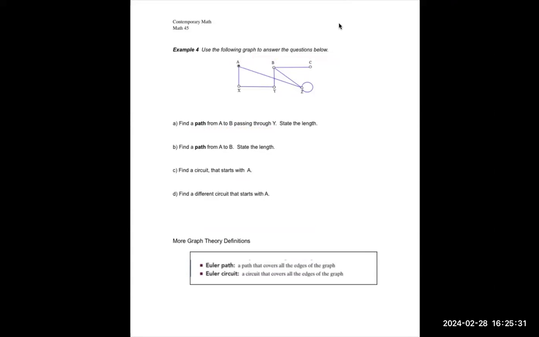I could go to X, then to Y. Starting at A, I could go from A to X, then X to Y, then Y to B.